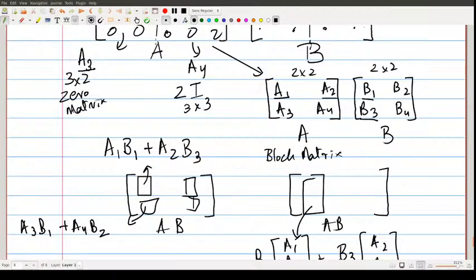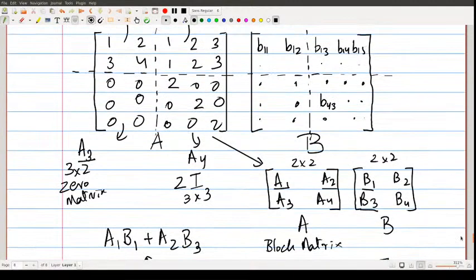I know that A3 is a zero matrix, which means a zero matrix times any other matrix will be zero. So I can simplify this matrix multiplication. I don't need the zero term. So when you're looking at the notes, this is just 0, so I don't need this term. I only need A4 B2.